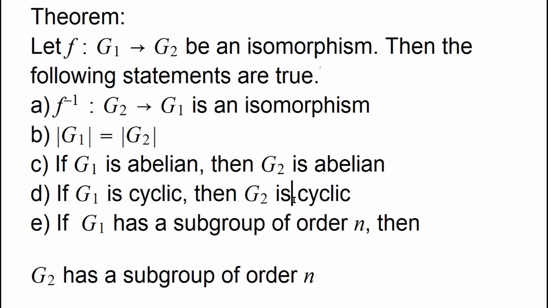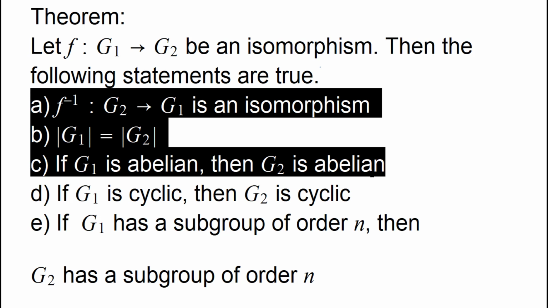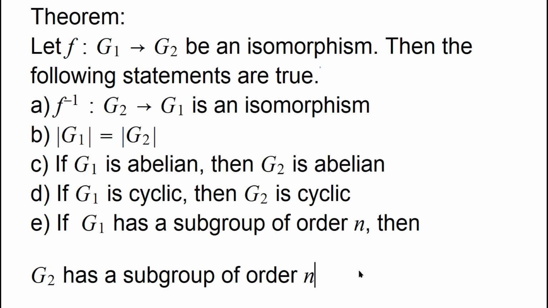And if one has a subgroup of order n, then the other also has a subgroup of order n. The book does a good job of proving these three and leaves parts D and E for us to prove. So let's give that a try.